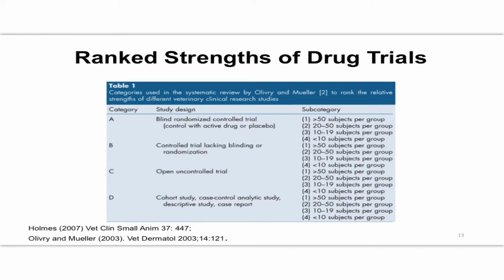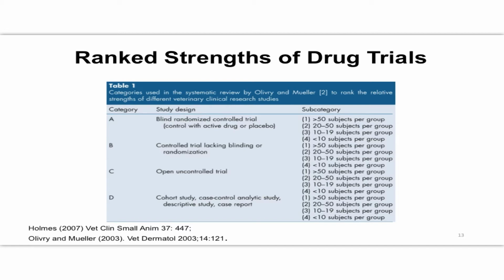And notice as subcategories for each of these, we have as the highest level, and this has been developed by a group of researchers who are veterinary dermatologists, and they've sort of led the way in meta-analyses of therapy in dermatological conditions.